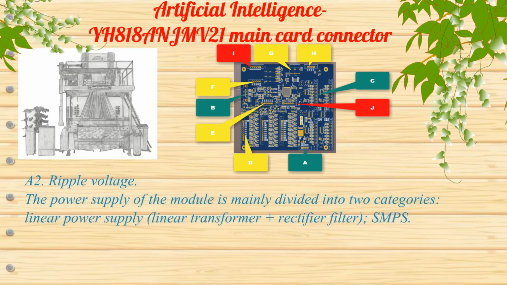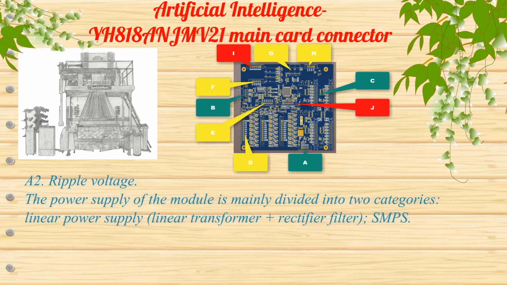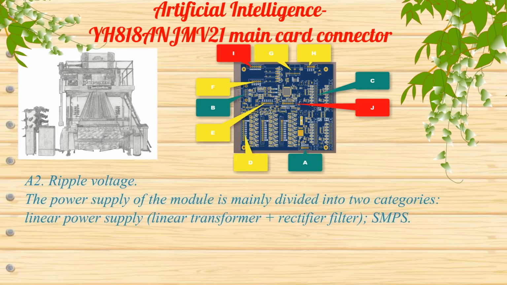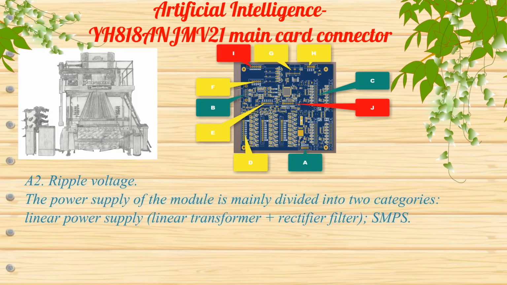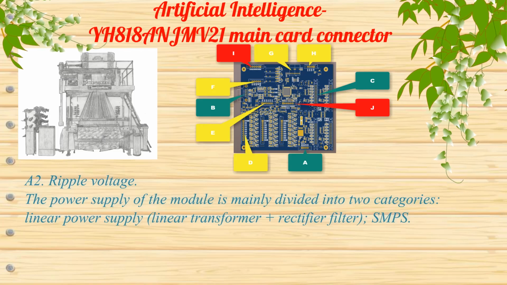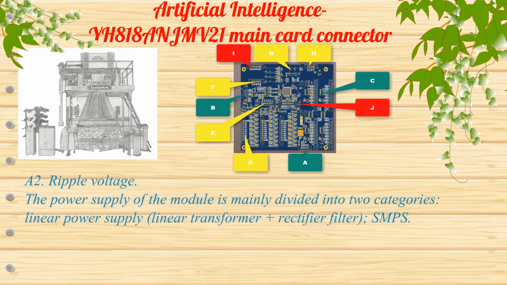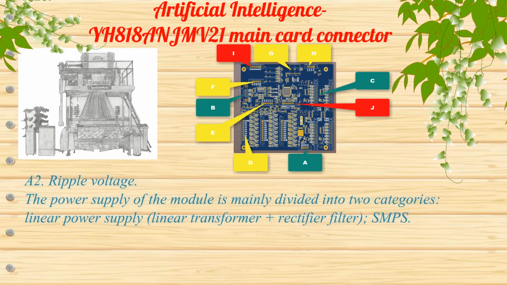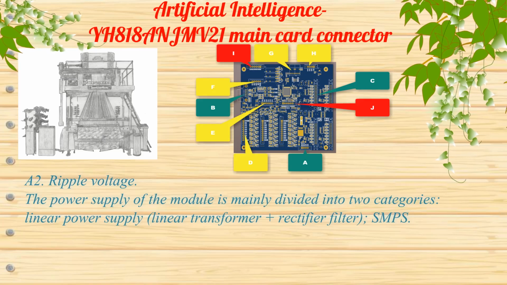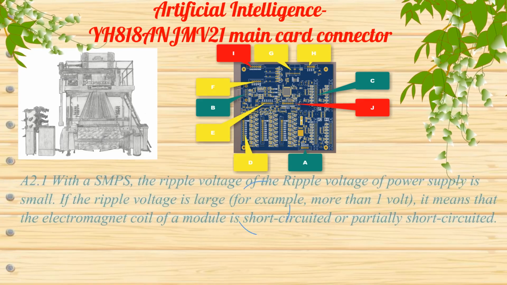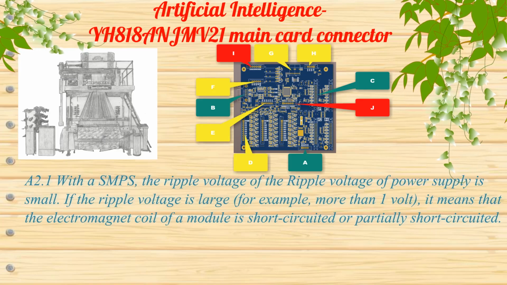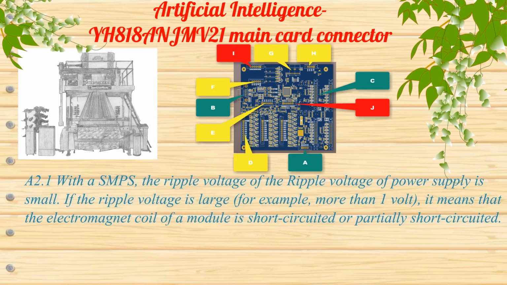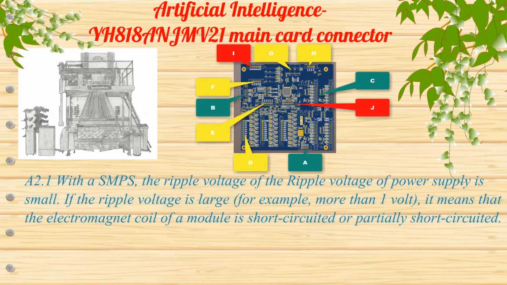A2. Ripple voltage. The power supply of the module is mainly divided into 2 categories. Linear power supply, linear transformer plus rectifier filter, and SMPS. A2.1 With the SMPS, the ripple voltage of the power supply is small.